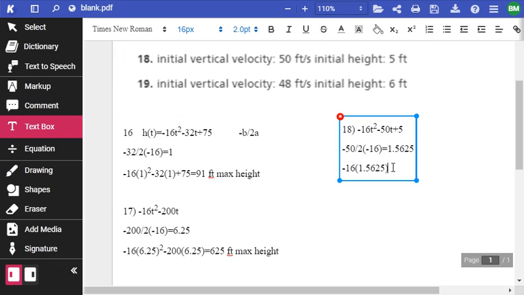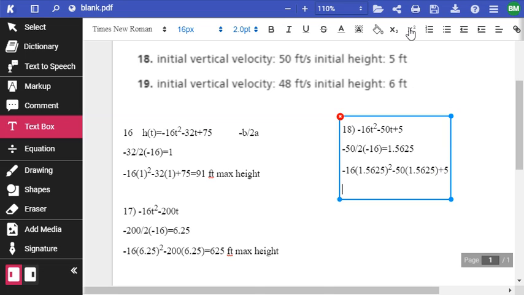Go here, here, squared, minus 50 times 1.5625, plus 5, giving me a max height of 44.0625 feet. Remember, again, that's also the y value of my vertex.